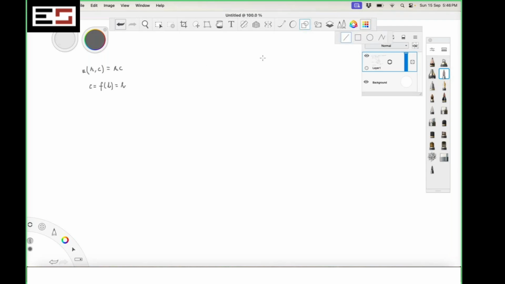So if you plot the picture of the production function, this is how it's going to look, right?